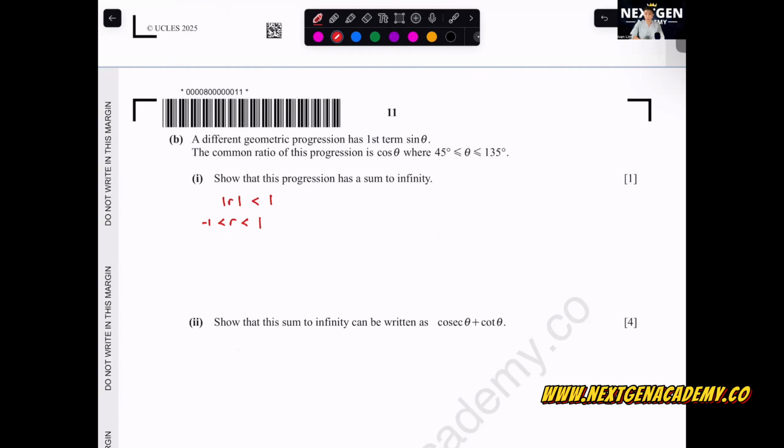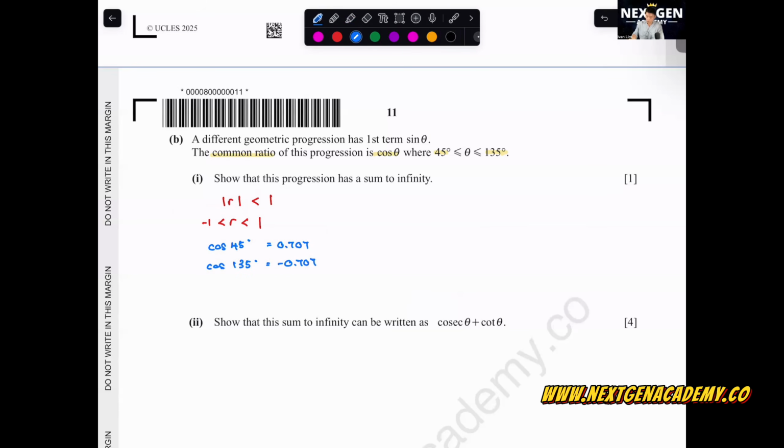When you open up a modulus, this is the condition. So you need to check what the R value is. The common ratio is cos theta, where theta is from 45 to 135 degrees. So all we need to do is calculate cos 45 and cos 135, and make sure these values are between -1 and 1. Typing in the calculator, you get 0.707 and -0.707.